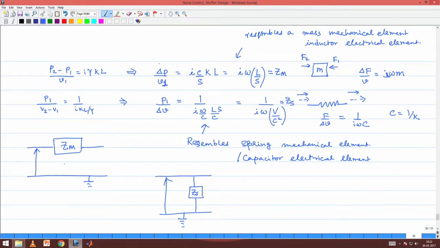We have for the first equation an inline position, for the second equation we have a shunt position, but then if we understand that both Zm and Zs are very small quantities, then the effect of an impedance in the inline position is going to be like a short. So, you are basically shorting this, right.